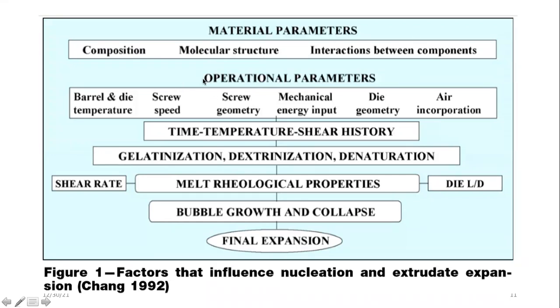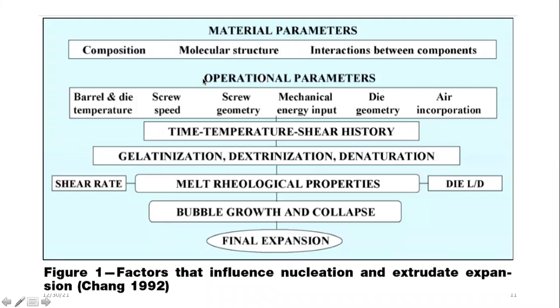Then operational parameters, you know what are the operational parameters? The temperature, time, and screw speed, pressure, right? Die shape, die opening, die radius, barrel temperature. Likewise, there are so many parameters to maintain.